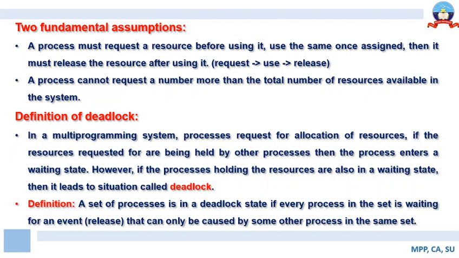So if a process is waiting for a resource held by another process, and the processes holding the resource are also waiting for some other process to release a resource, then this situation is referred to as deadlock. This is the way we need to define deadlock.